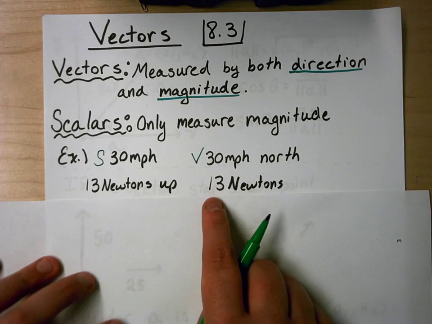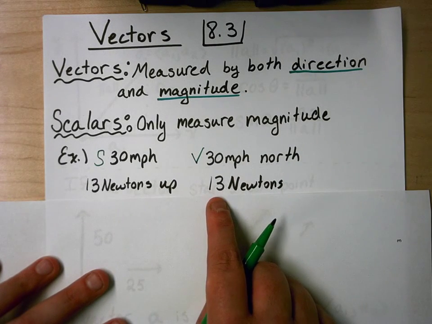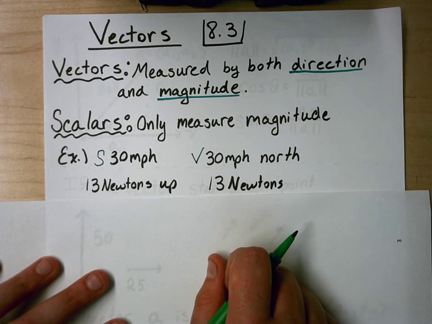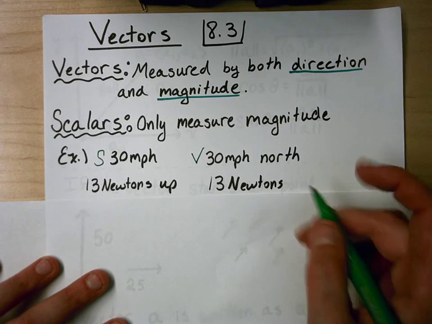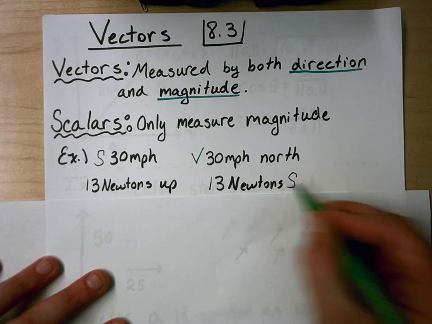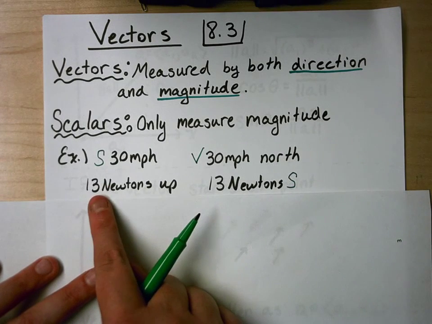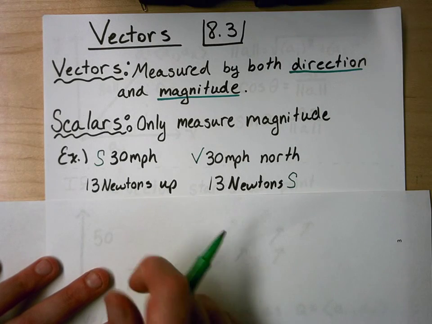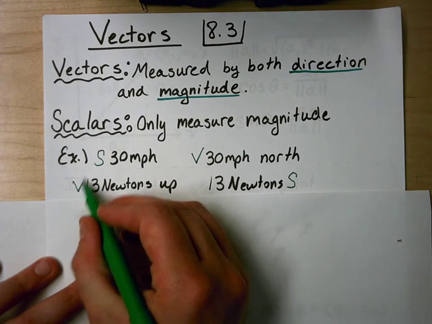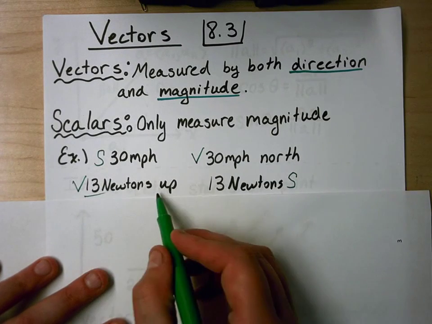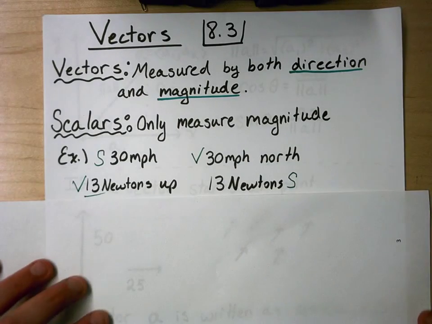Now, if I tell you I'm pushing something with a force of 13 newtons, since there's no direction, I'm not telling you where I'm pushing it, that's going to be a scalar. And finally, if I tell you I'm moving something 13 newtons up, then that's a vector, since it has both a magnitude and a direction.